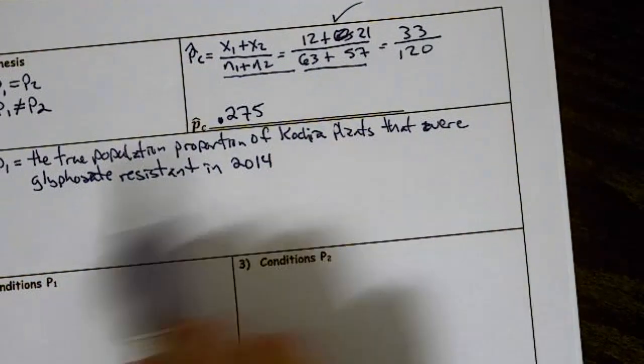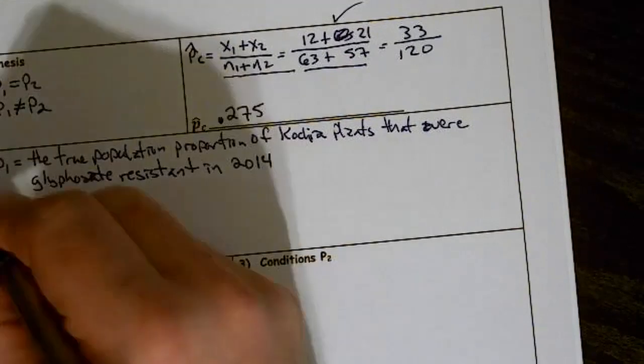So it's real important that I say, what were they? The resistant in when? 2014.